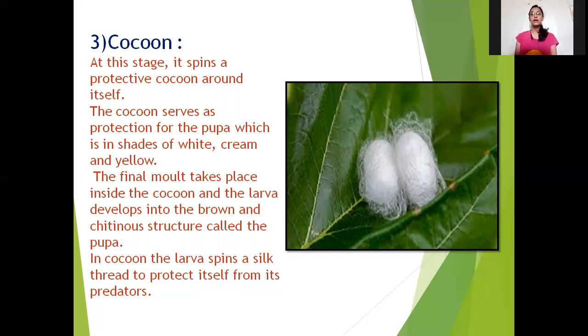So, in the third stage, the larva is converted into a brown and chitinous structure called pupa. In the cocoon, the larva spins a silk thread to protect itself from the predator. The cocoon stage is the protection from the predator. In the third stage, the cocoon is formed by spinning around itself.